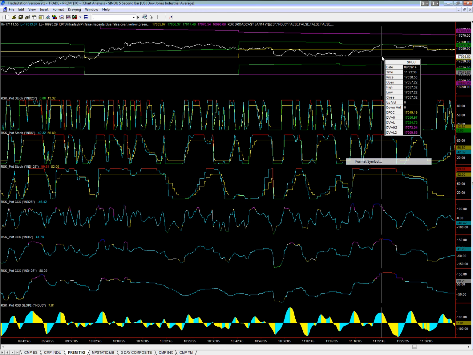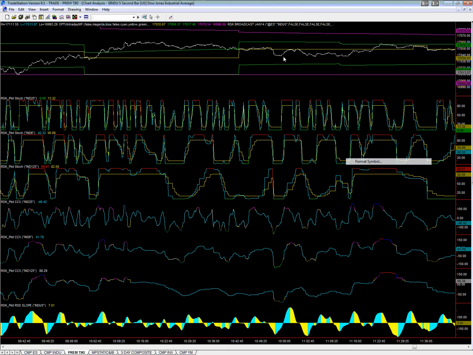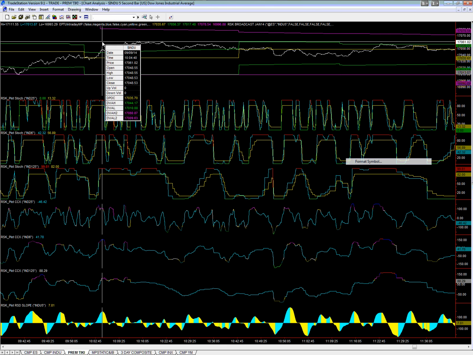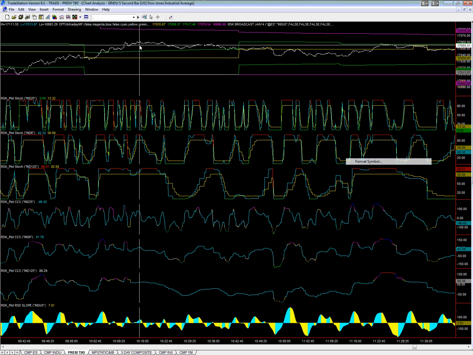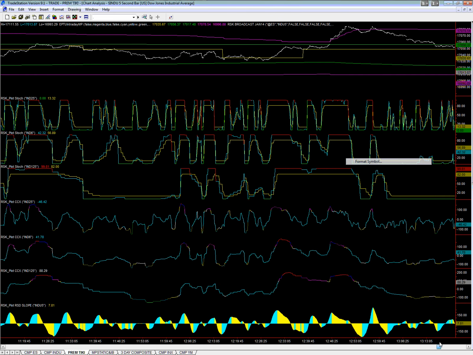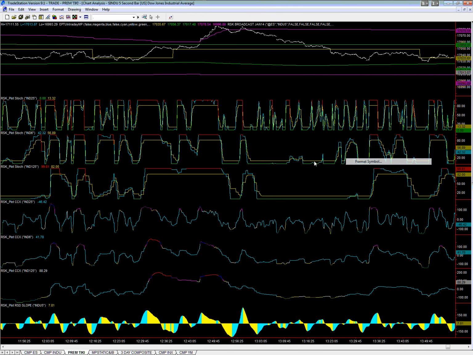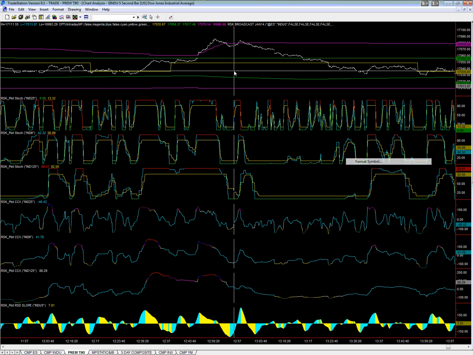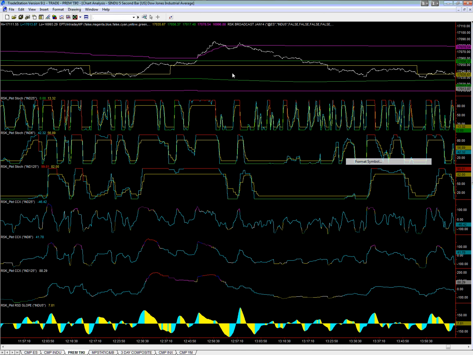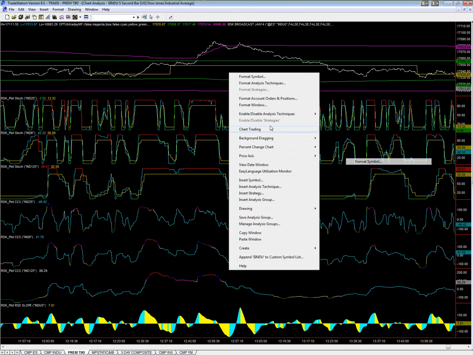Stops it. Let me make sure this isn't, okay, that's a lower high. This was at 1760. There we go. She takes it all the way up.